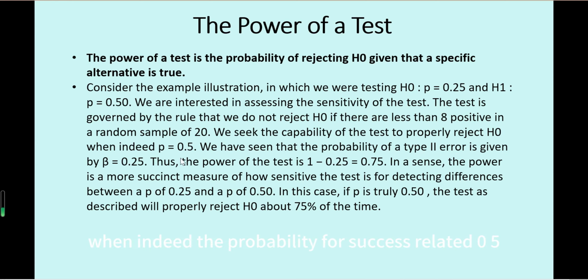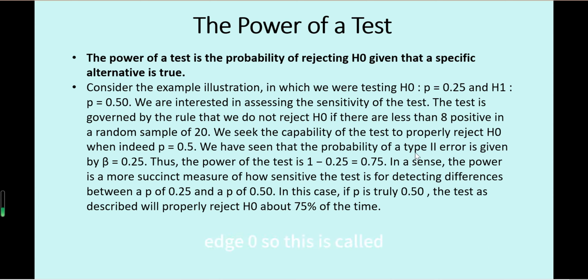So we seek the capability of the test to properly reject H0 when indeed the success probability is 0.5. We have seen in a calculation that the type 2 error is beta equals 0.25. The type 2 error is the error you commit when the alternative is true, but you did not reject H0.